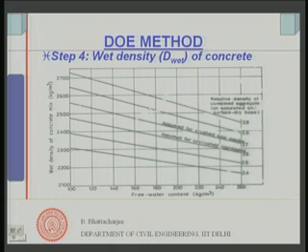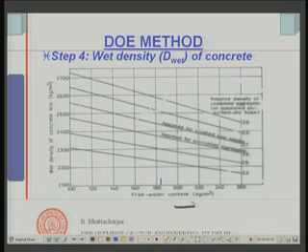This looks like this. The wet density curve has free water content on the x axis and wet density of the concrete on the y axis, and there are different specific gravities of the aggregates given here, or the combined aggregate actually.